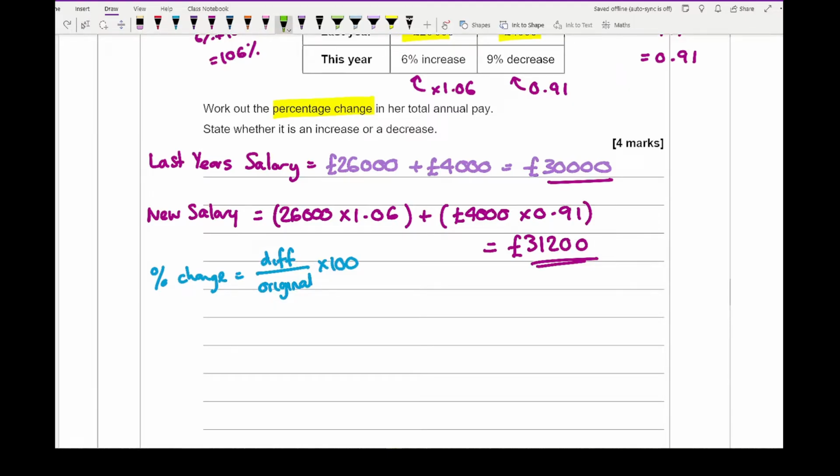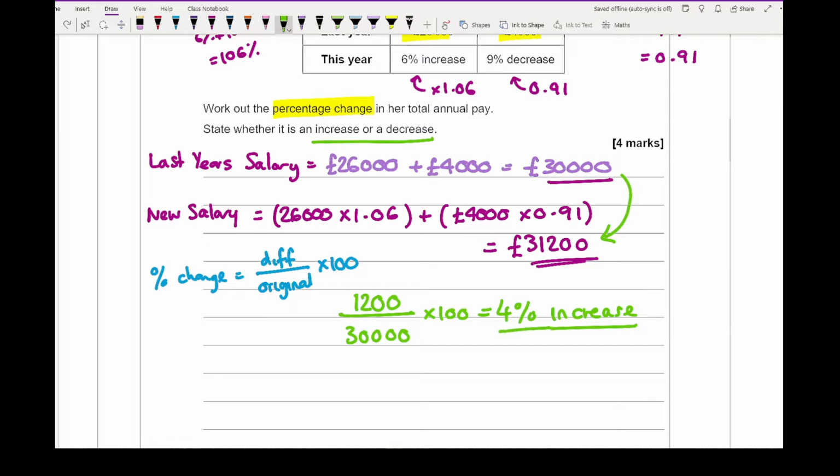So it's 31,200 minus 30,000, which is 1,200, divided by the original salary, which is 30,000, and we multiply that by 100, and we get an answer of 4%. Now from here to here, what's happened to the pay? Well, it's increased, so then it's going to be a 4% increase. And it's really important that you do include the word increase, as it does specify that in the question.